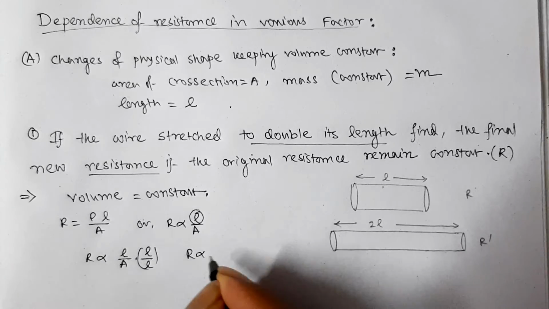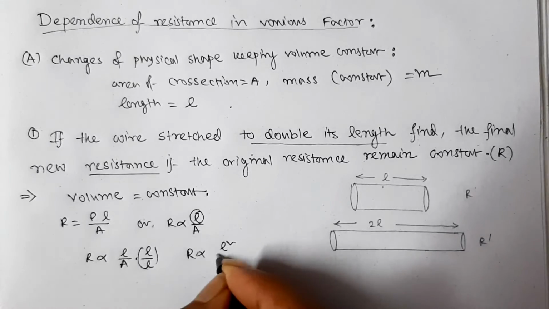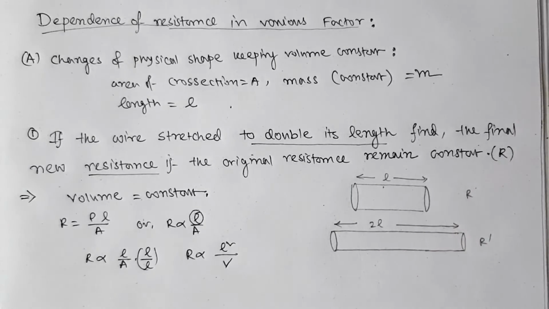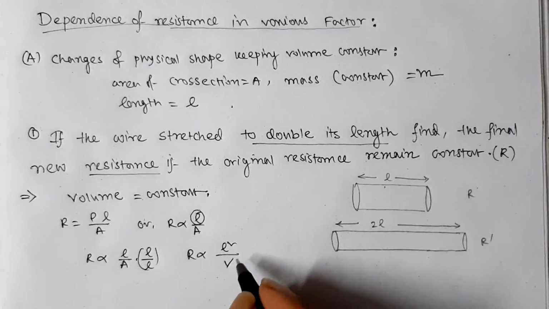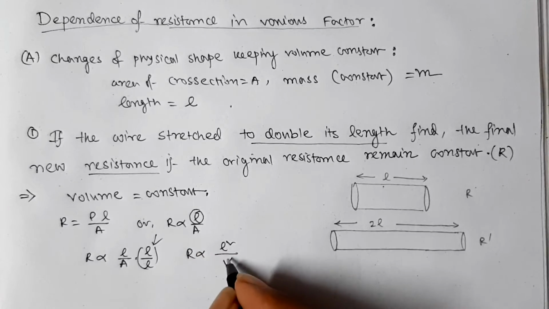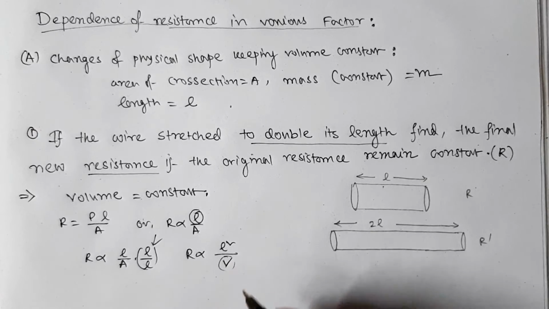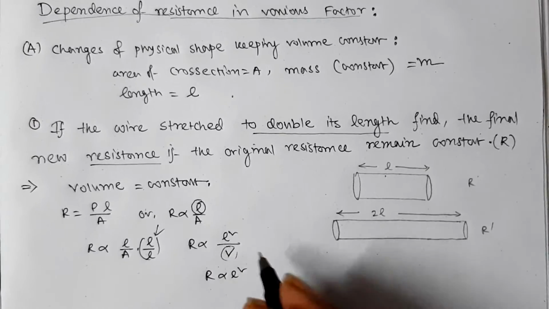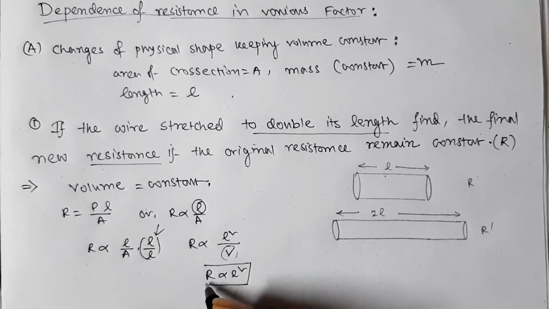So R varies as L square by V. As V remains constant, we do this type of math to show that V is constant. So we get the relation that R varies as L square.